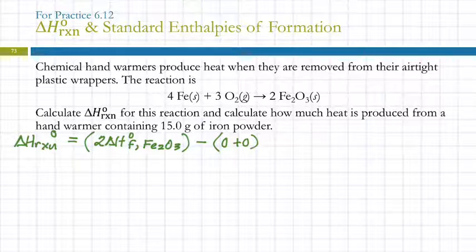So for this reaction, it's 2 times the heat of formation for iron oxide, Fe2O3. I've got that still written on the board, minus 824.2 kilojoules. This would be 2 moles, and this is kilojoules per mole, and so then the moles go away.